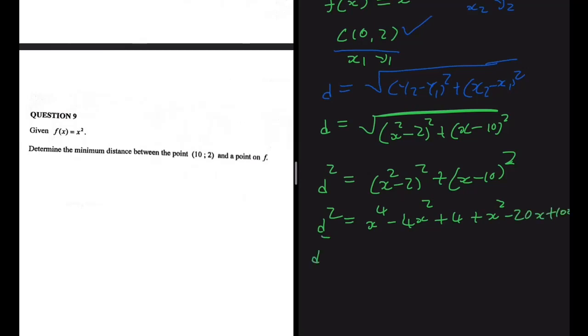So now we have d squared being equals to x to the 4, minus 3x squared, and then minus 20x plus 104.